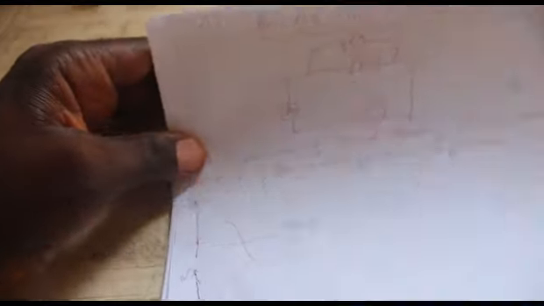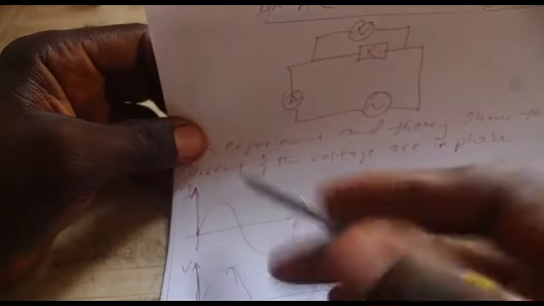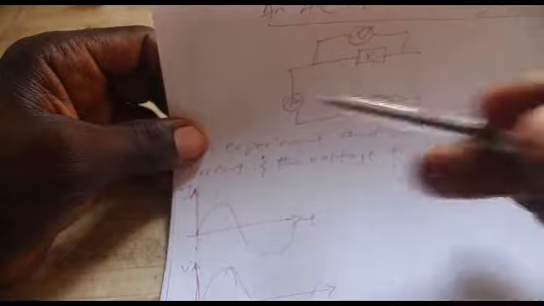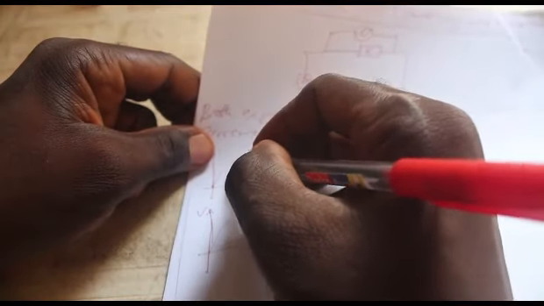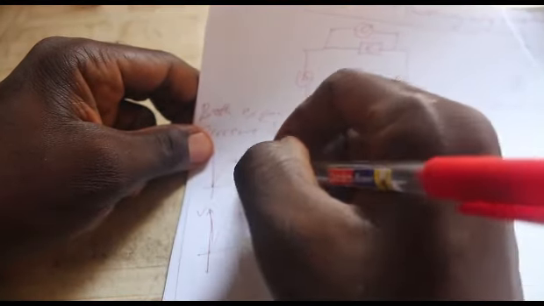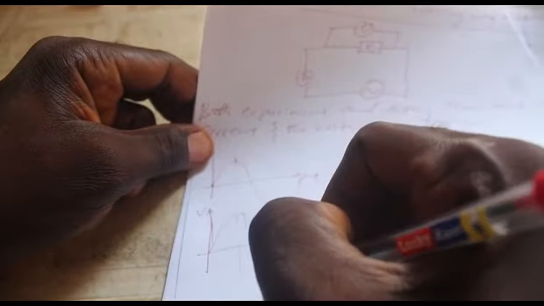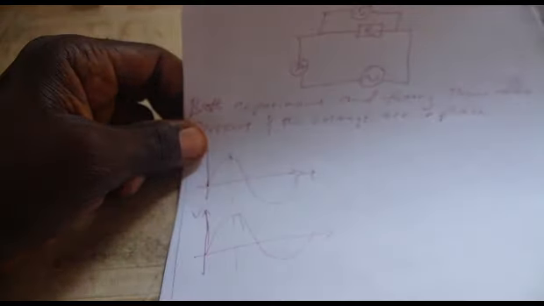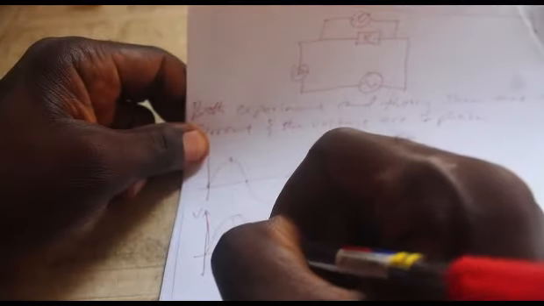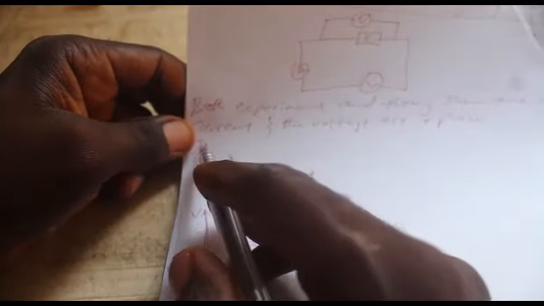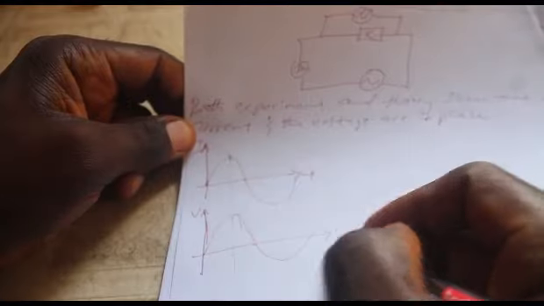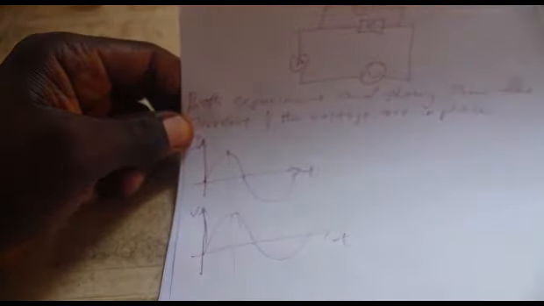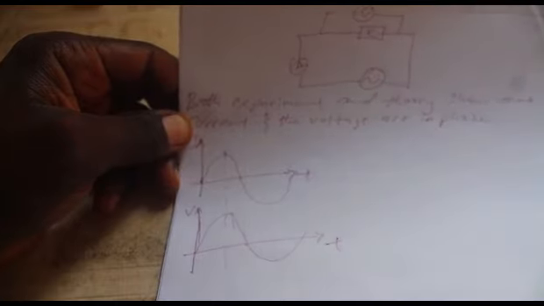So when we say the current and voltage in an AC circuit containing a resistor are in phase, what we mean is they reach their peaks at the same time. They also reach their troughs at the same time. That's the current and the voltage are both at their peaks at the same instant of time.